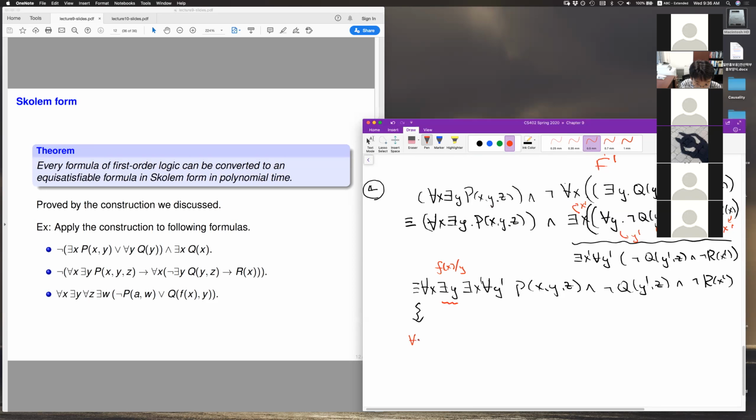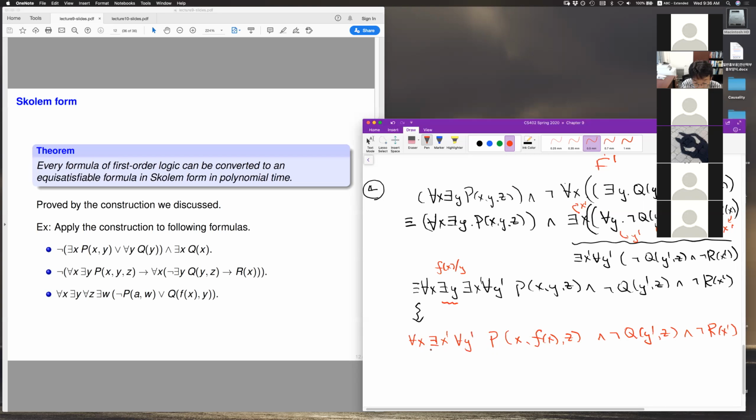If we do this, then we end up with this formula: p of y gets replaced by f of x. So we have f of x, z, and q y prime z, and negation of r x prime.